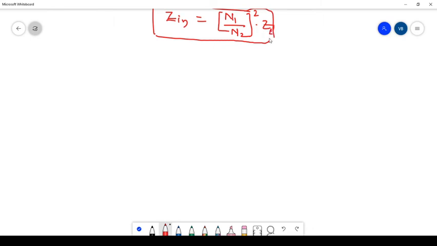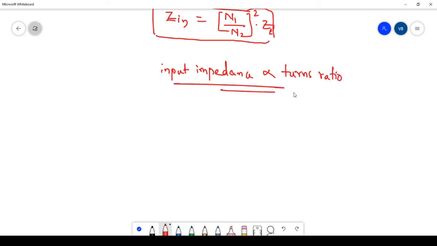So by this one, you can take that input impedance is proportional to the ratio of turns, the turns ratio. This is very important.